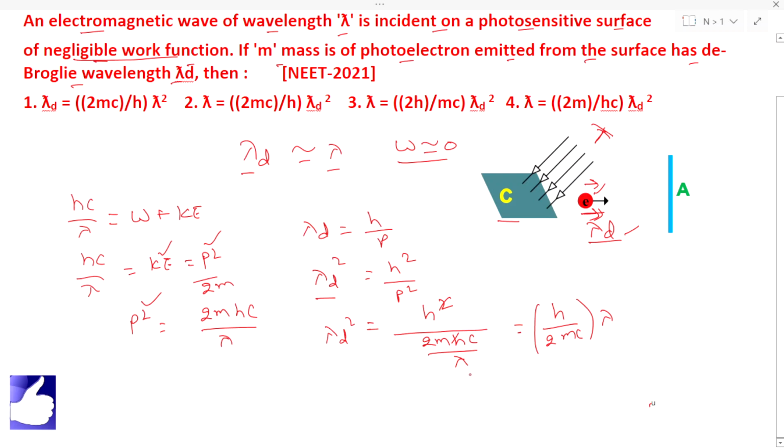Now if I bring this entire thing to this side, lambda = (2mc/h) × lambda d squared. This is the relation between the incident wavelength and the de Broglie wavelength lambda d. So the answer is the second option, lambda = (2mc/h) × lambda d squared.